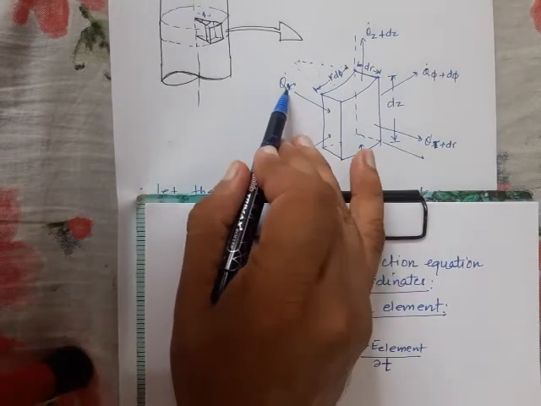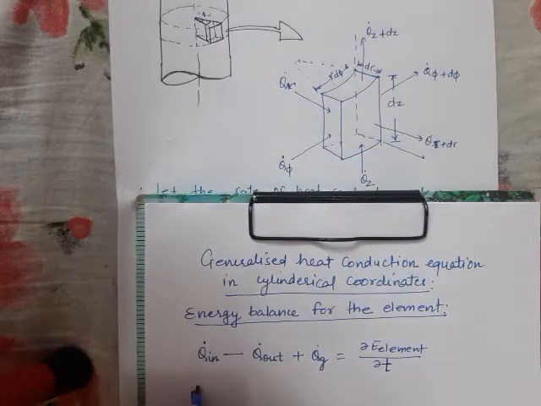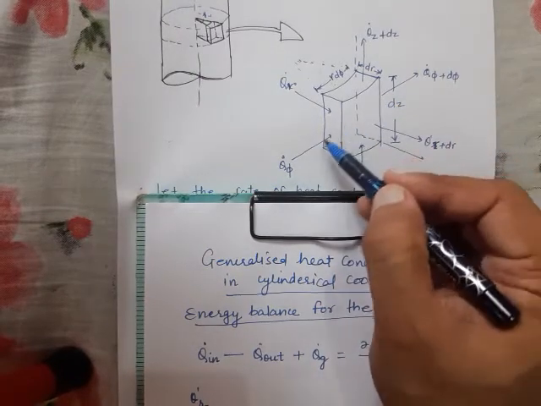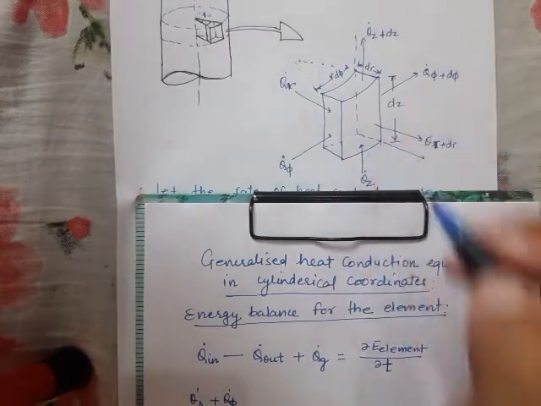Q in is the heat entering the element in the radial direction, Q dot R, plus the rate at which heat is entering in the phi direction, Q phi, and the rate at which heat is entering in the z direction, Qz.